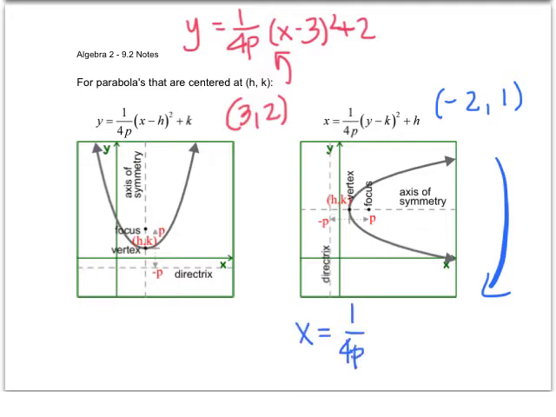We'll figure out what that is later. We're not concerned about it now. But then my equation is going to look like x equals 1 over 4p times (y minus 1) squared minus 2. Okay, so that's at a point where you're not centered at the origin.